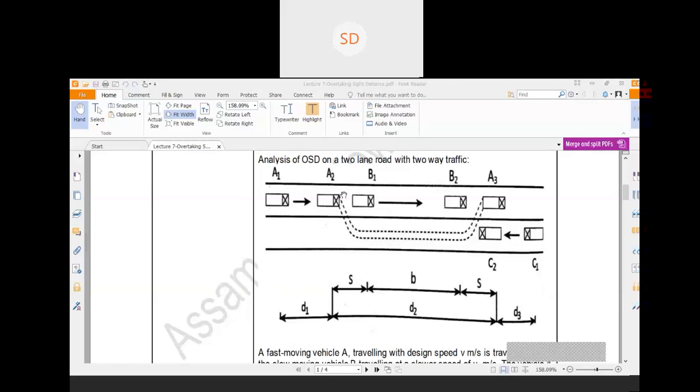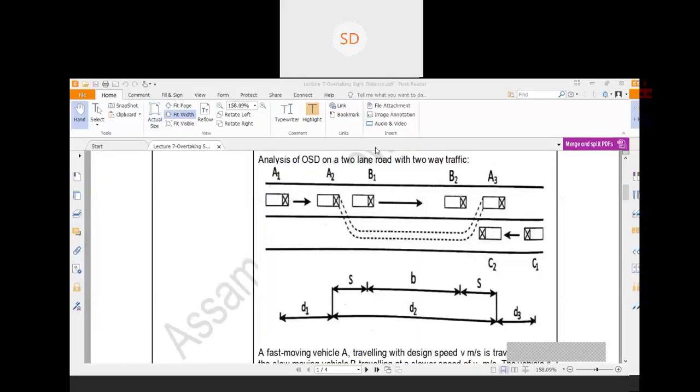Now after that, the main overtaking operation will take place. So that distance is basically d2. So in that case, the total overtaking operation will take place.